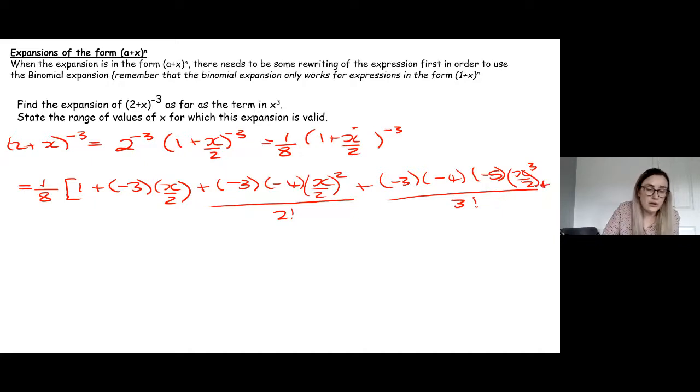And then we would carry on, but we don't need to. Okay, so again, keeping in mind our 1 over 8.